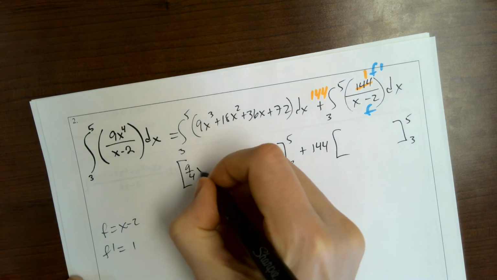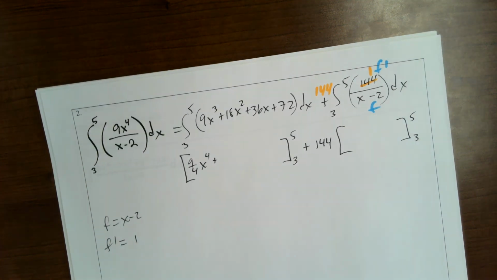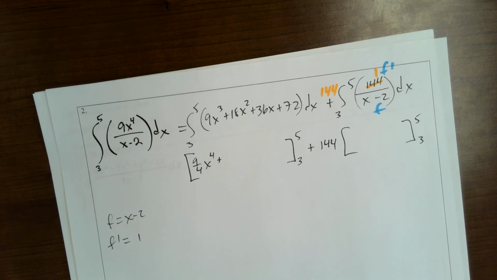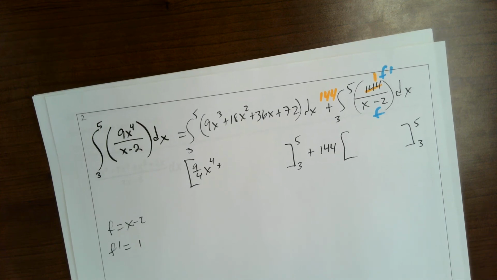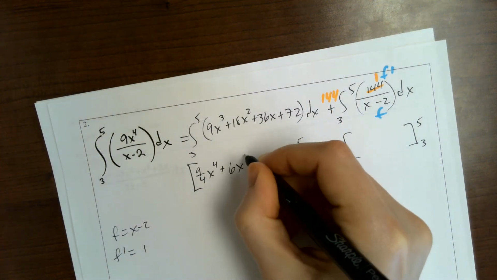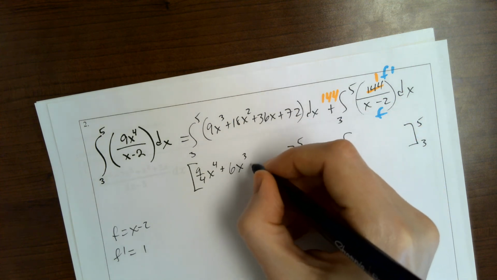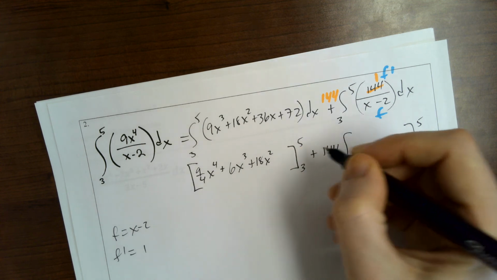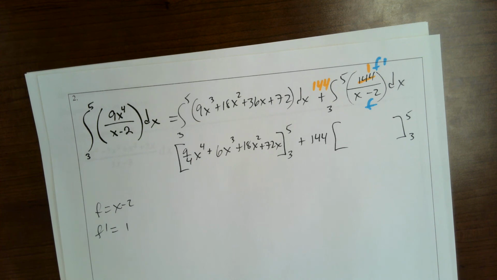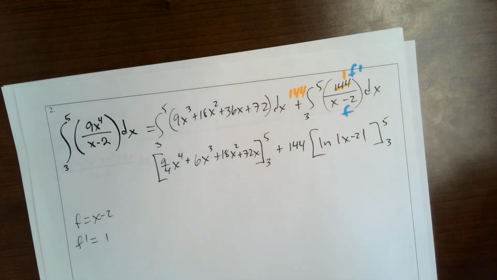So 9/4 x to the 4th plus 18 over 3, which is 6, plus 6x to the 3rd. 36 divided by 2 is 18. Okay, 72x. And then for this one, it is natural log absolute value of x minus 2.